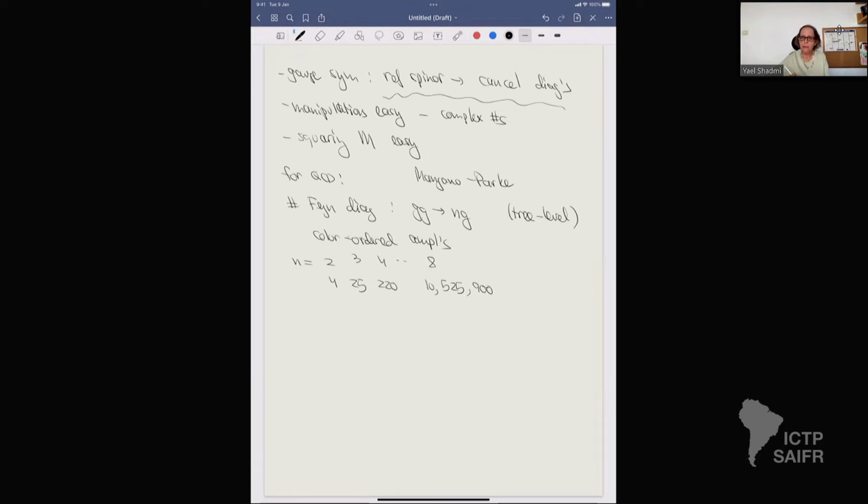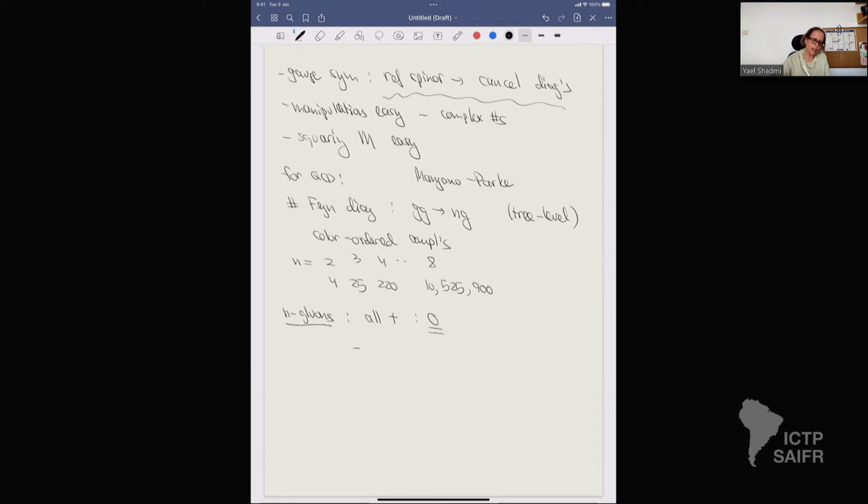But in some cases, you get a very, very simple answer. There are some cases for which you can write the full compact result for n gluons in the final state. The simplest one, when they're all the same helicity, all plus or all minus. In this case, you just get 0, which is a very simple result.